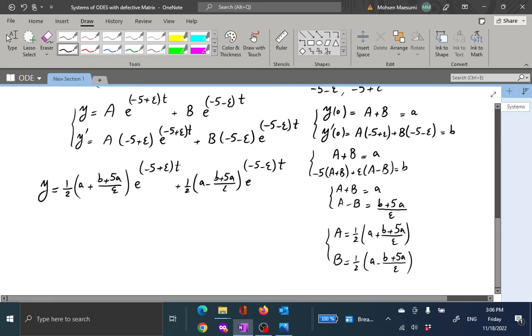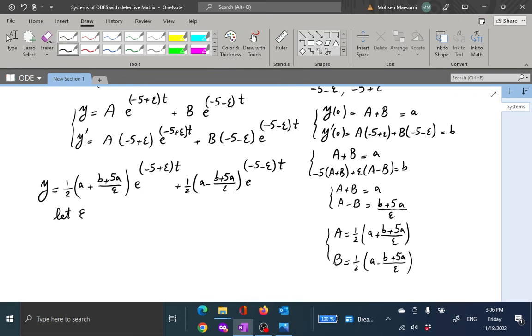Now I am ready. Say let epsilon go to 0. So now your calculus skills come in. Let epsilon go to 0 and see what is left out of this. Let me reduce the clutter so that we can actually handle the problem. So what I'm going to do is take these a's aside.